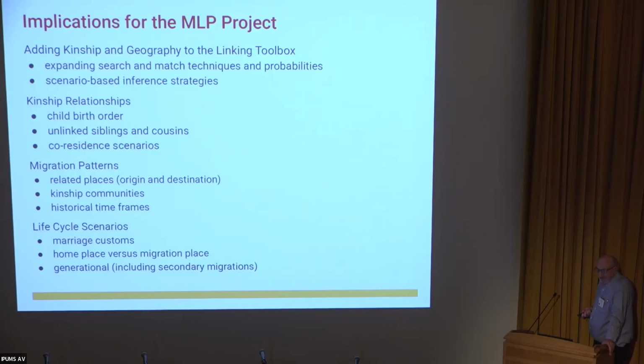So I want to get some implications. I am hopeful that adding this kinship and geography structure will assist the linking process in terms of changing the probabilities of where you might find people to match. I think with kinship relationships, you have various different ways of filling the gaps.